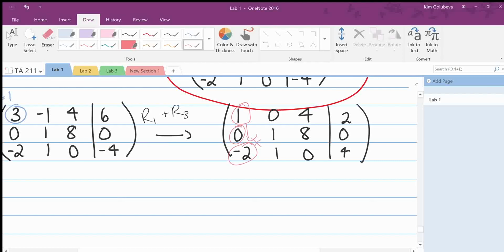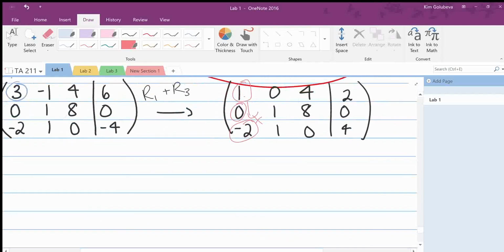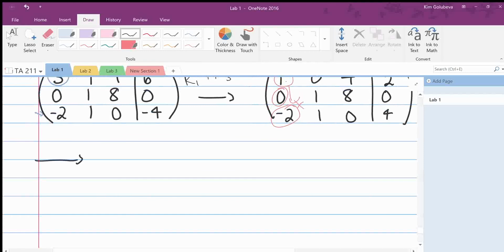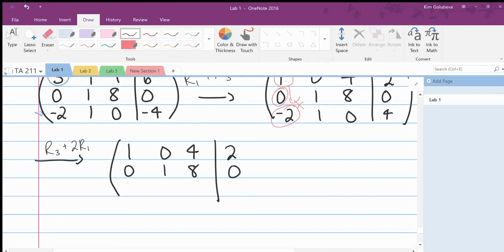This one is not though, so we need to use this 1 to kill the negative 2. Okay? So our next step is going to be row 3 plus 2 row 1. Okay? So now we're going to end up with 1, 0, 4 staying the same, and 0, 1, 8, 0, and then 0, 1, 8, 0.